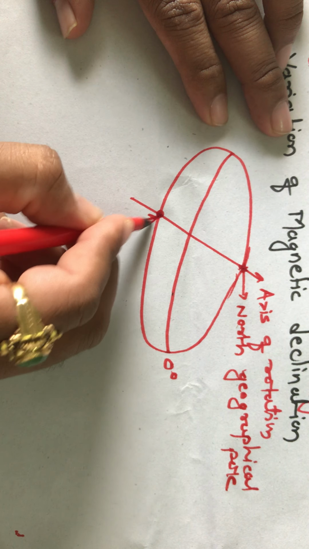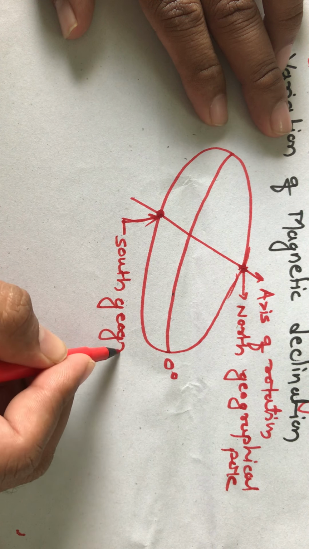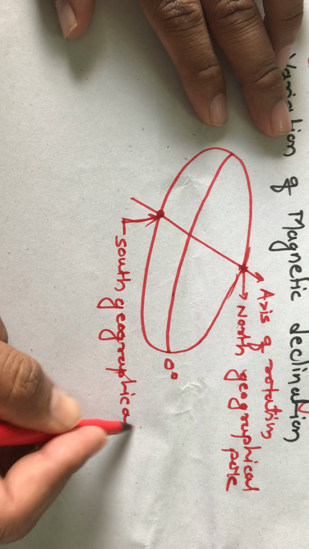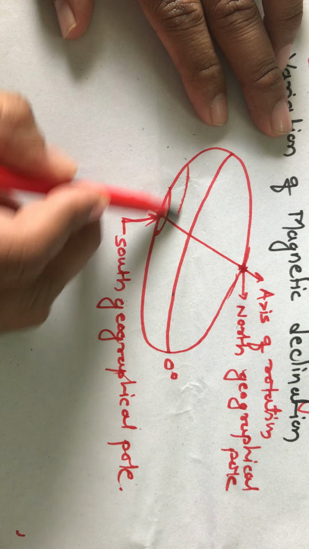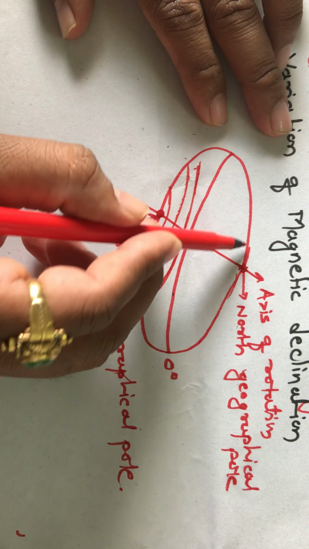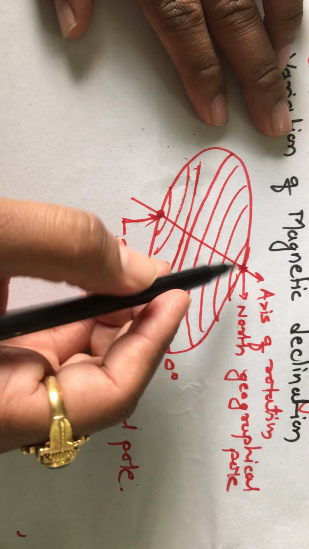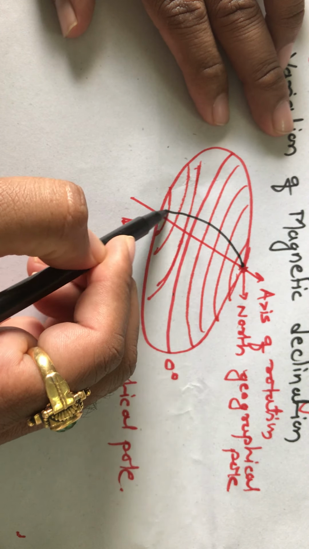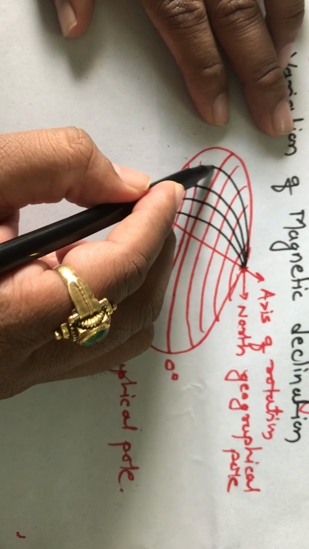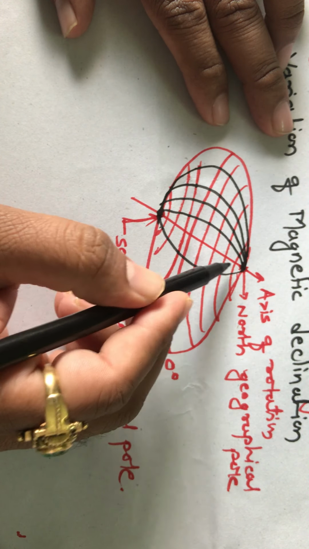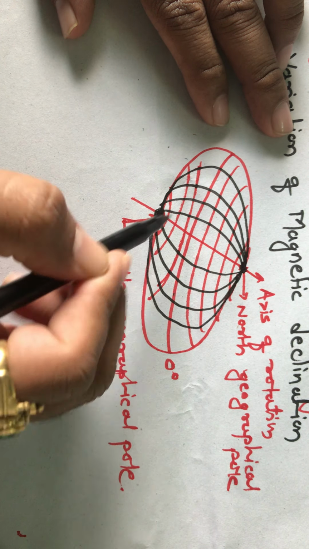And this one is what? The south geographical pole. And we have lines like this all, and also we have other lines.